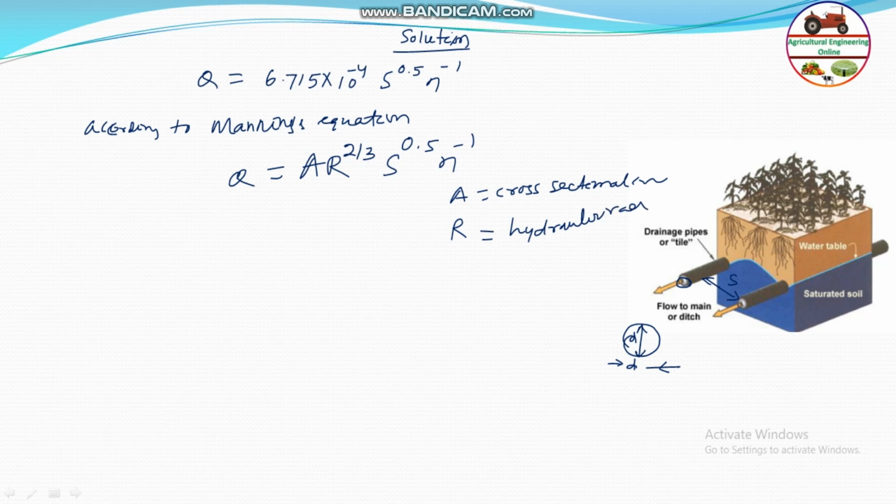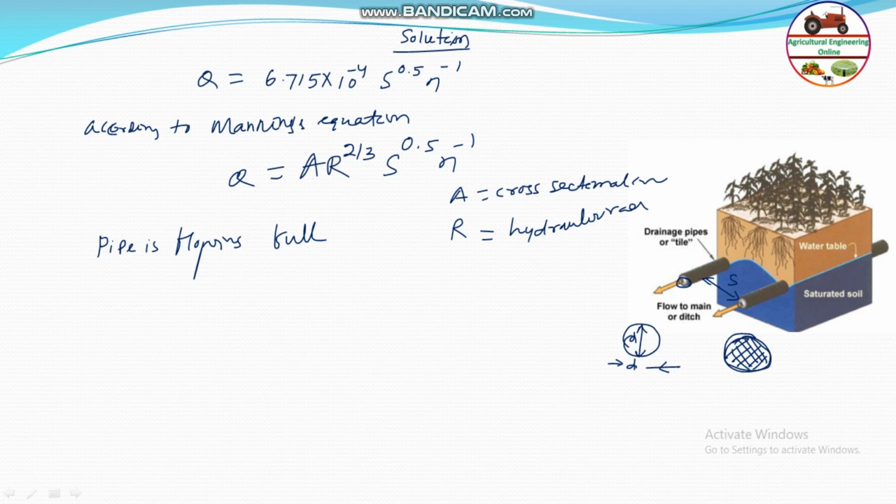The hydraulic radius is the cross-sectional area divided by the wetted perimeter. In this case, since the pipe is flowing full, all the inside area is wetted.